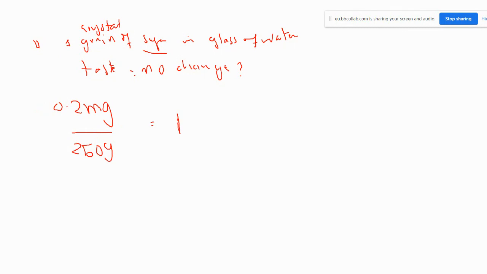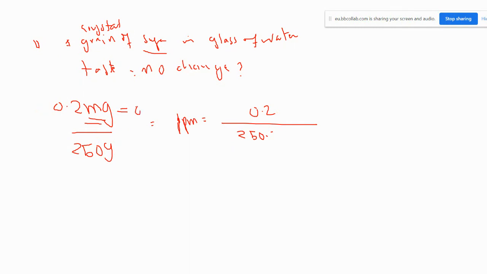So what should be the ppm here now? 0.2 divided by my glass of water. Before solution it was 250, and after solution it would change. Look at this, 0.2 milligram. This is milligram, and this is gram, so first of all I should change into grams, because I cannot cancel milligram with gram.